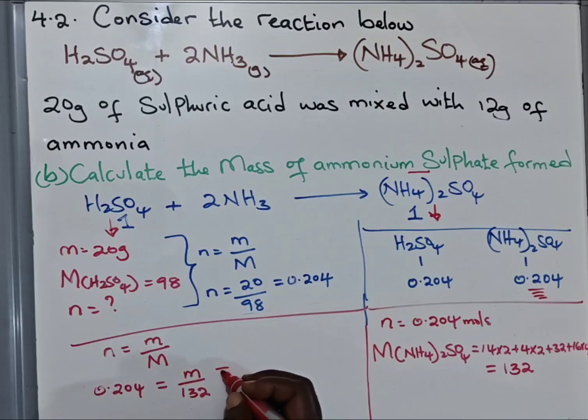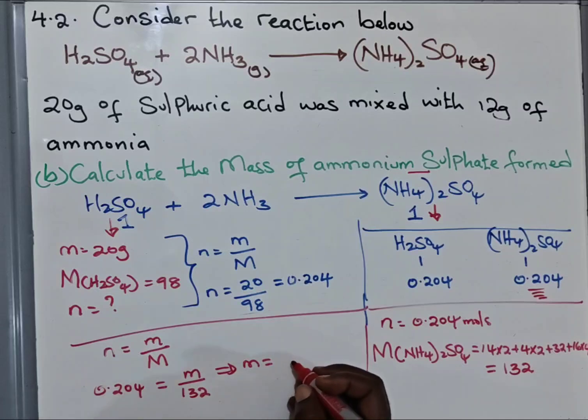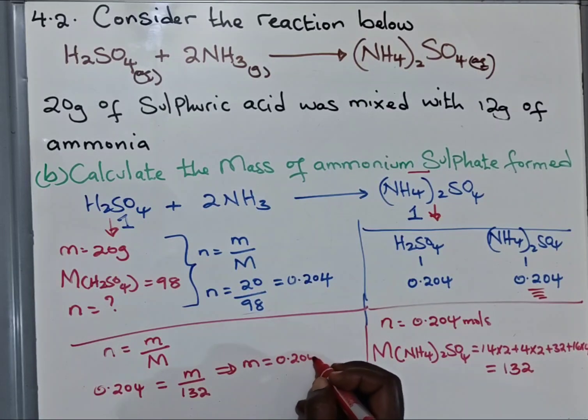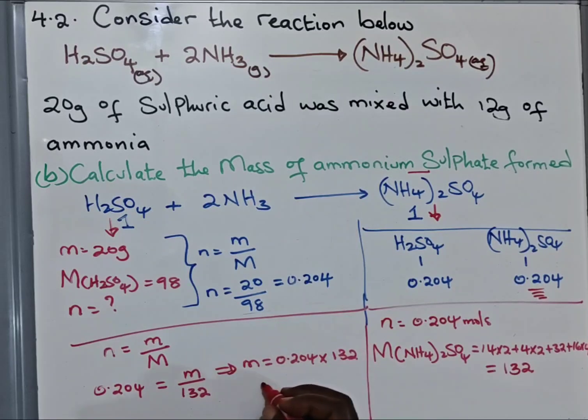From here, you have to know that our m, after cross multiplying, is going to be 0.204 times 132, giving you this. This is what you get as the mass of the product, which is ammonium sulfate formed.